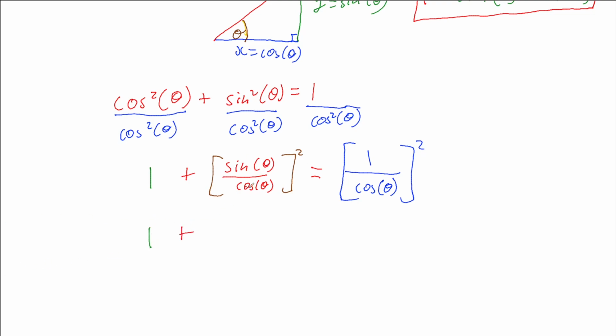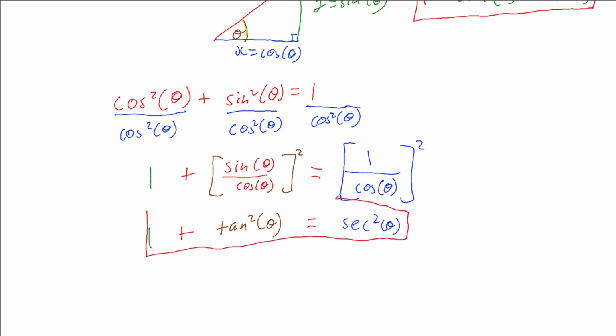But if I look at this term here, sine over cos, well, that's the definition of tan. So this is tan squared of theta. And over on the right-hand side, I've got 1 over cos theta, which is secant theta. And there's a squared there, so I've got secant squared theta. So this gives us our second Pythagorean identity, that 1 plus tan squared theta equals secant squared theta.